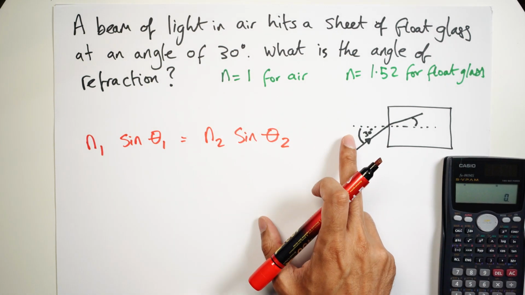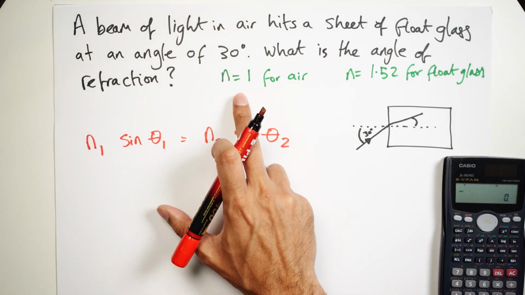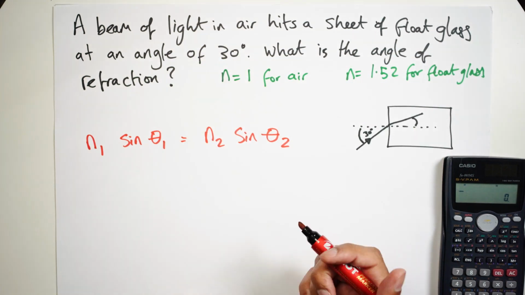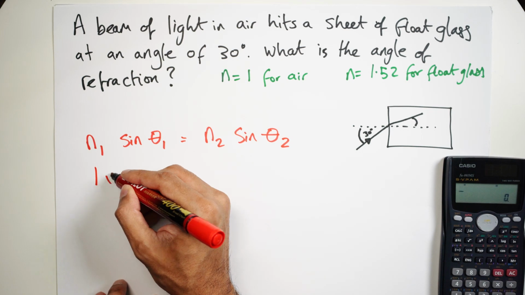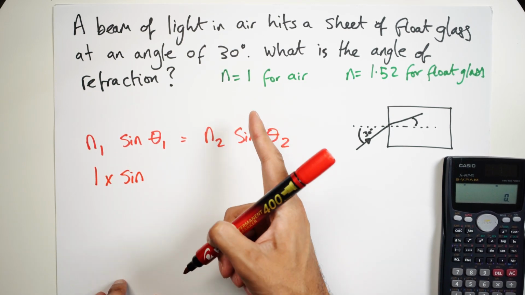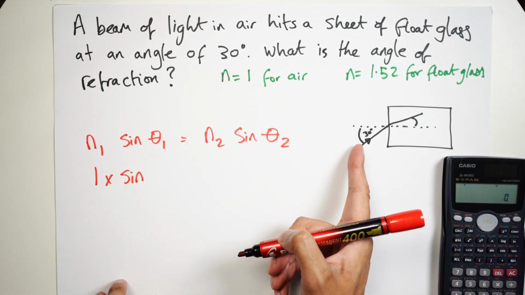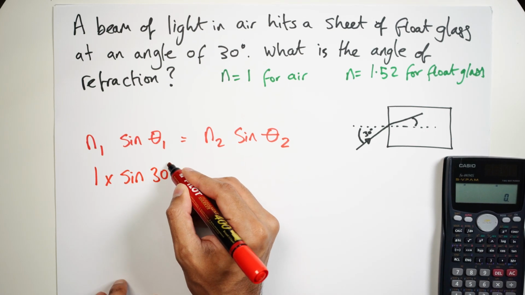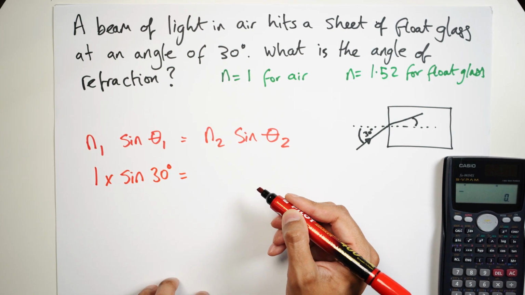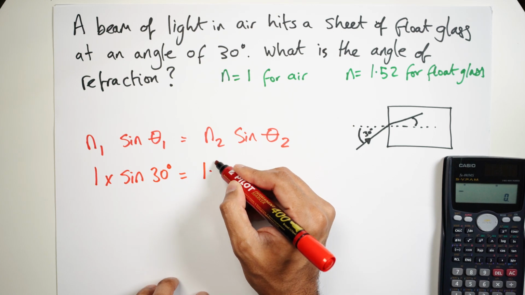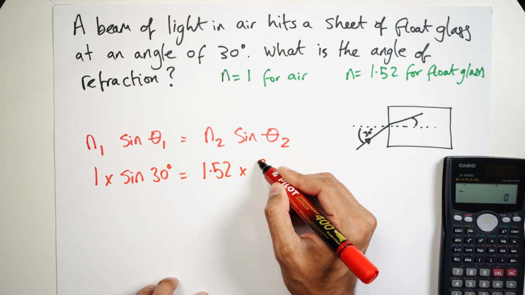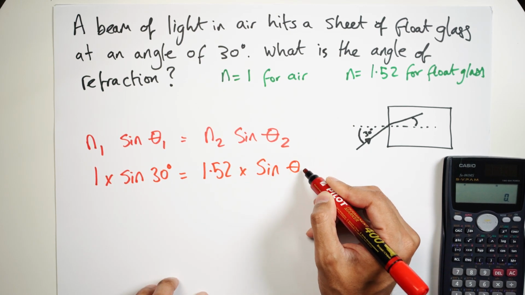And n1, remember, it goes from air into float glass. n equals 1 for n1. So 1 times sine, the angle of incidence is 30 degrees, equals n2, which is 1.52, times sine theta 2.